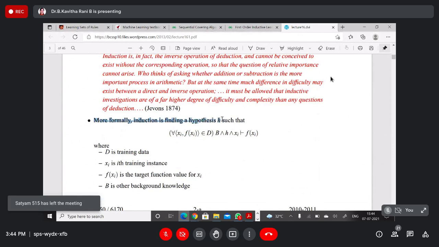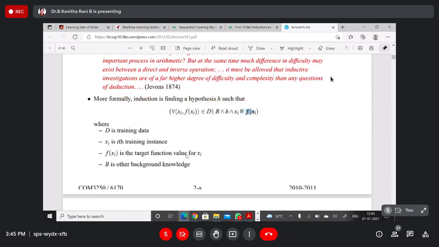So we are finding one hypothesis H, such that for every xi, any instance f of xi, a target concept that belongs to D, a data set. B is nothing but background knowledge, or hypothesis or x of n, then it is not f of x of m.